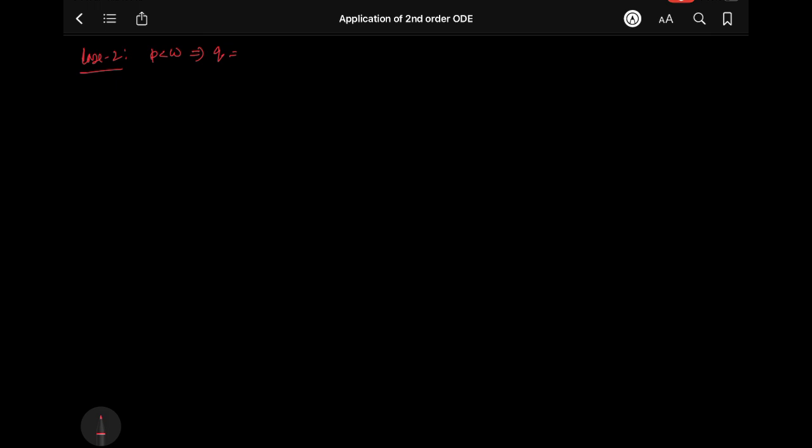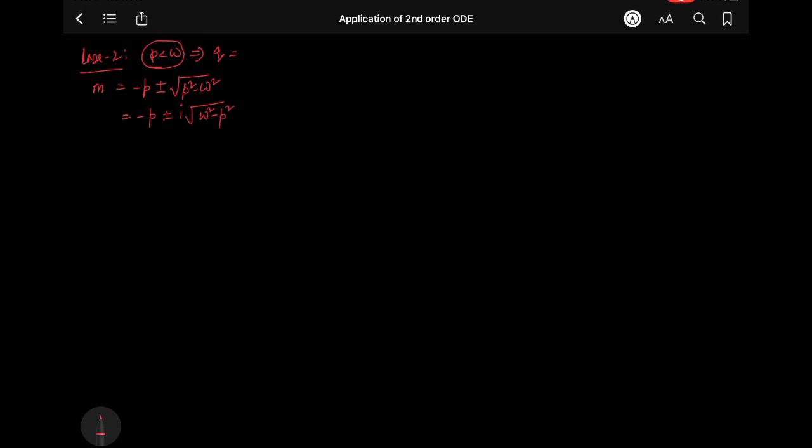Let me write this m value, that is m equals minus P plus minus root over P square minus omega square. Now because P is less than omega, you are going to get minus P plus minus i root over omega square minus P square.